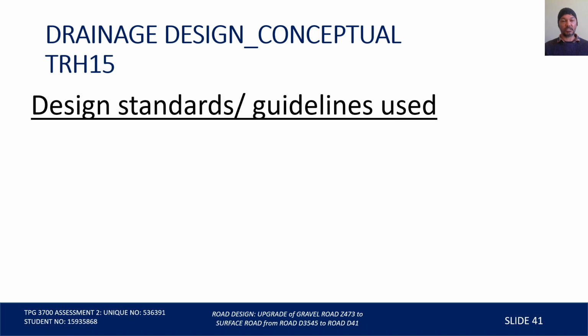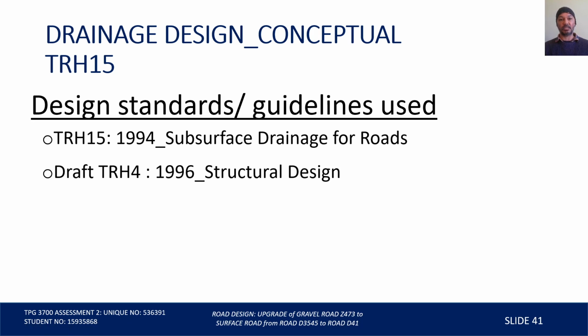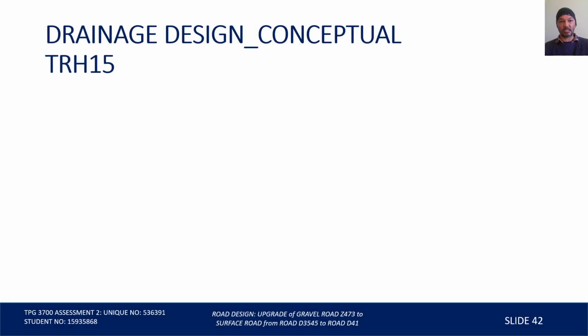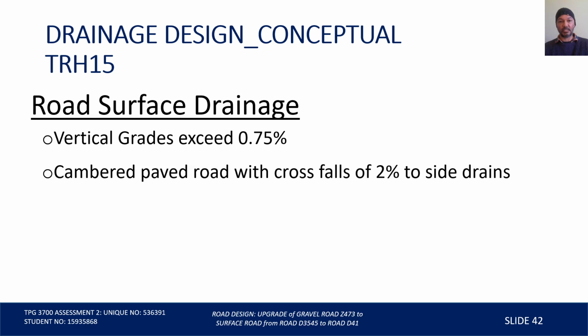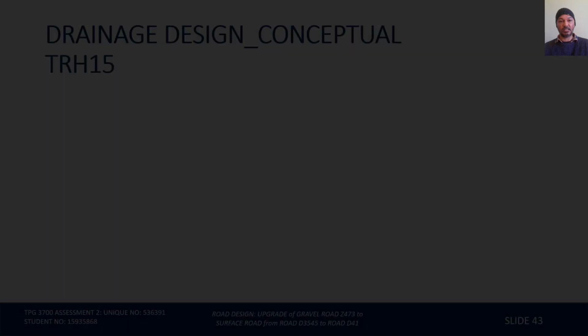Next, for the conceptual design of the road, I used TRH 15 and TRH 4. The vertical grades exceed 0.75%, the camber is 2%, and the shoulders are paved, and this allows drainage to the side drains.